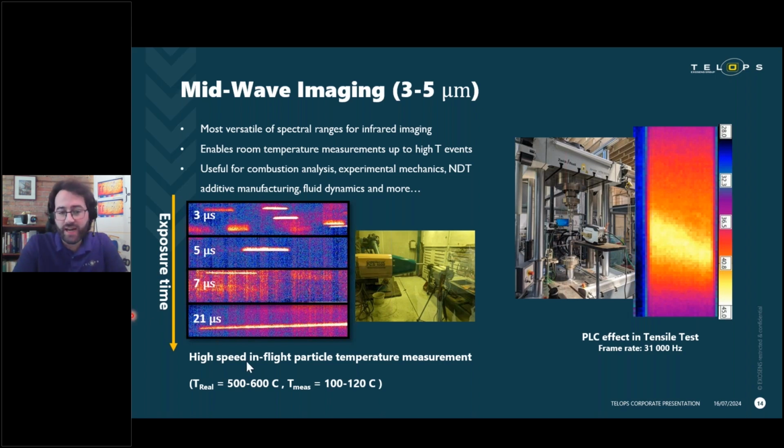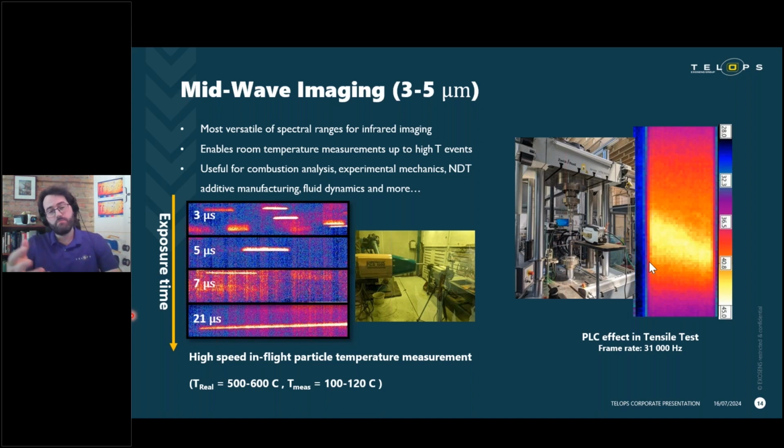So very high, which technically would be possible in shortwave imaging as well. But because they're going so fast, and because they're made of a metallic alloy, so low emissivity, the temperature that you get in your camera is much lower, around 100 and 120 degrees Celsius.